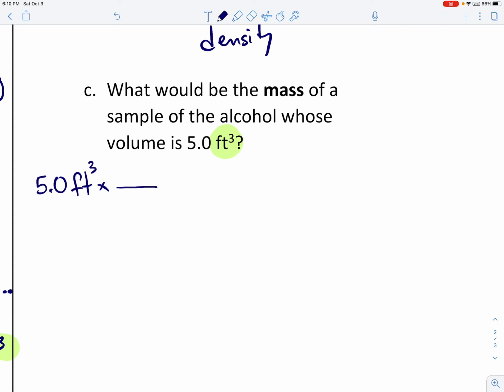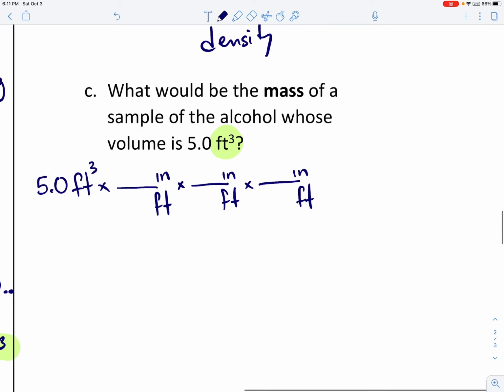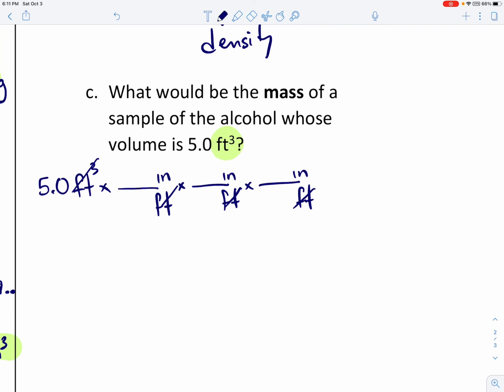Now it's cubic feet, so we're going to need to use the multipliers not once, not twice, but 3 times, right? So we'll get rid of the feet and we can switch it to inches. But because it's cubic feet, we need to do that 3 times. Now we have cubic inches.